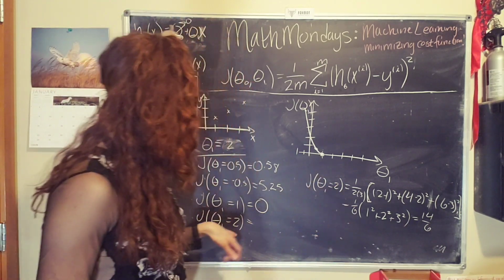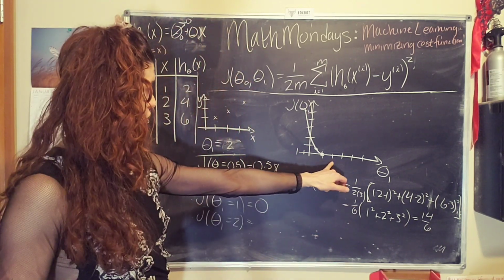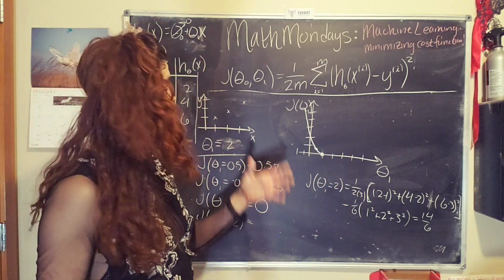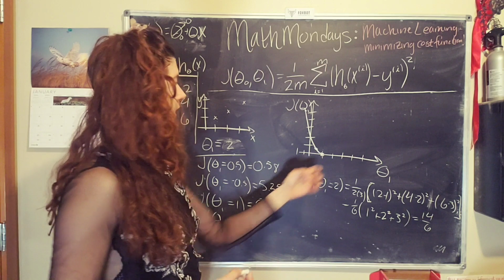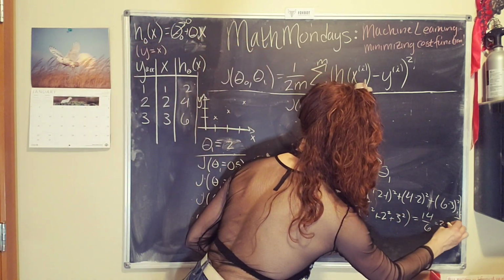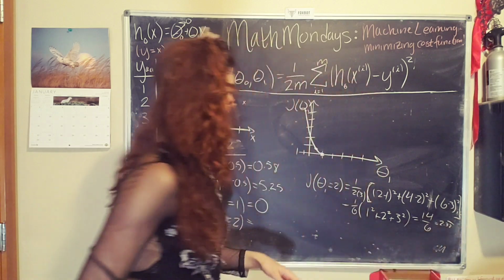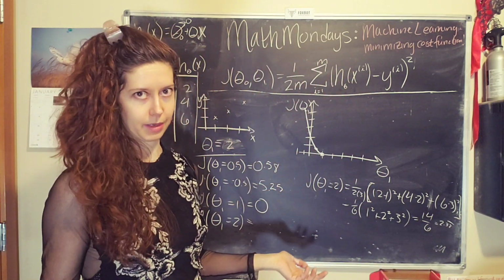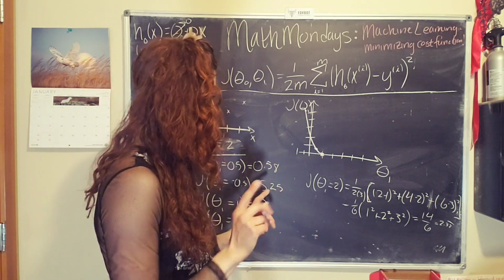Okay, so when theta 1 is 2, we get the cost function, or J of theta 1, equals 2.33. I was repeating, so I'm going to put a little bar to say it goes on forever, but I can't write that many 3's, so we'll do 2 with a bar.